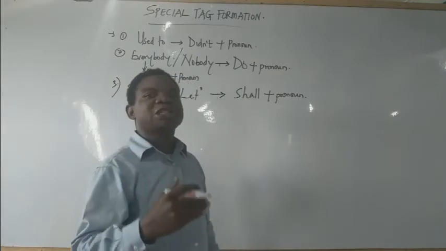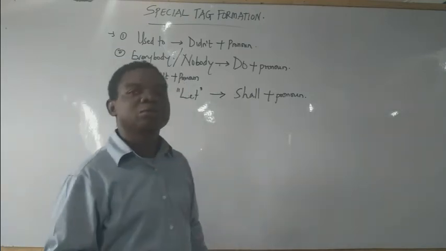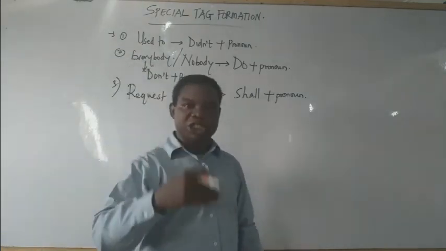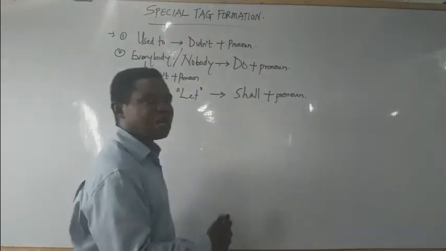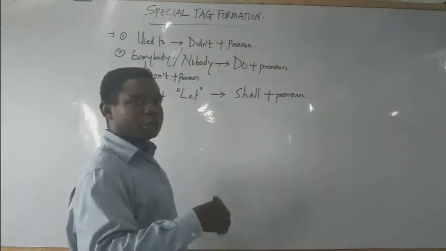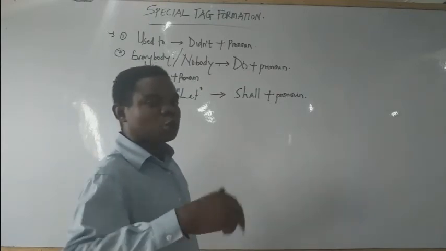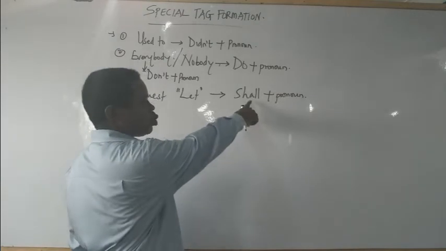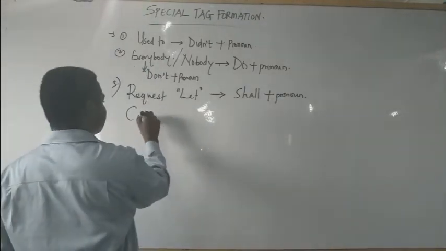Example, "Let us pray." Question, "shall we?" "Let us eat." "Shall we?" "Let us write." "Shall we?" So once you have a statement which is a request or a command that starts with "let", your response will take "shall" plus a pronoun.